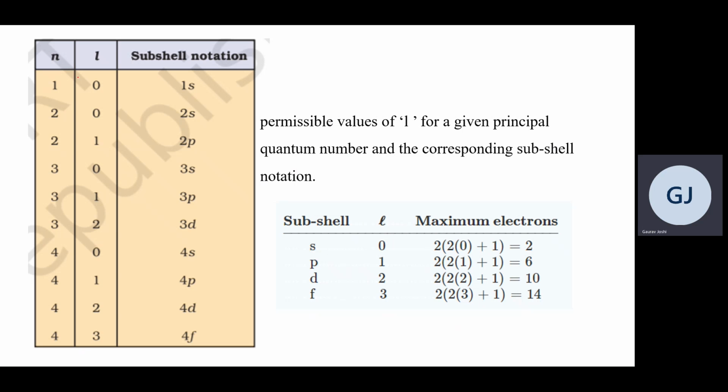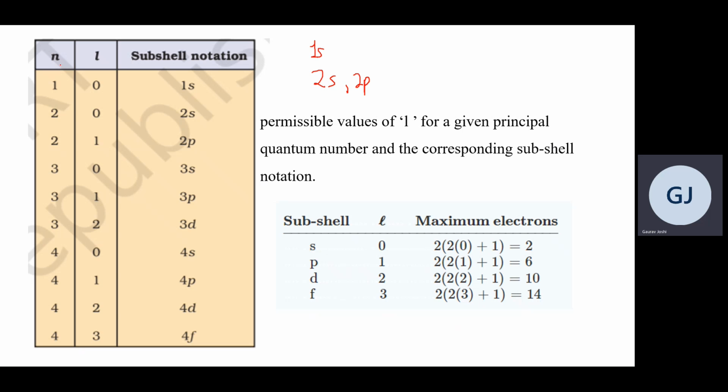So when n is equal to 1, L is equal to 0, and we have only one subcell, that is 1s. When n equals 2, we have two subcells, the 2s and the 2p.